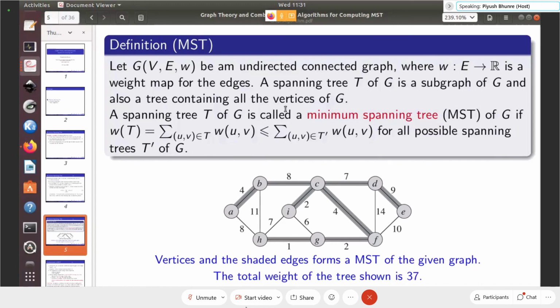And now a spanning tree T of G is a minimally connected subgraph of G containing all the vertices.